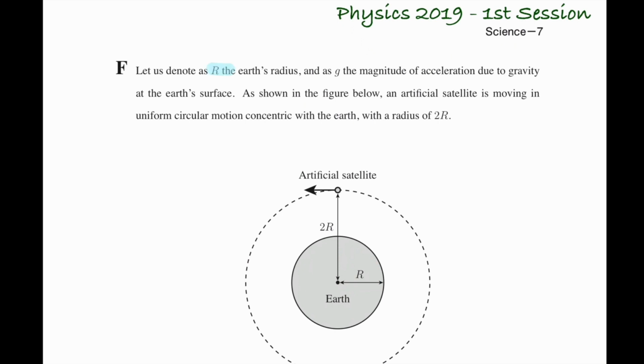As shown in the figure below, an artificial satellite is moving in uniform circular motion, concentric with the Earth, with radius 2R.